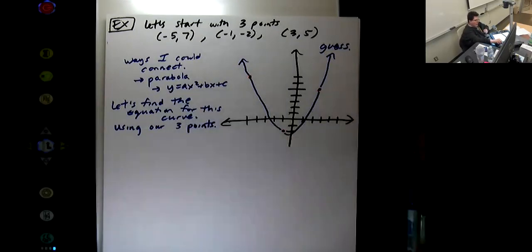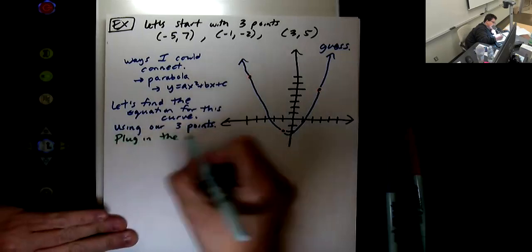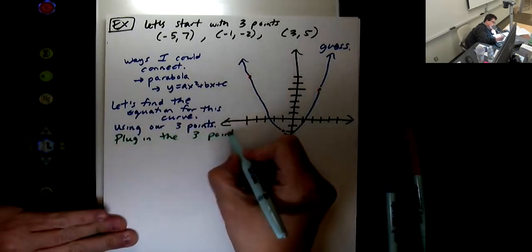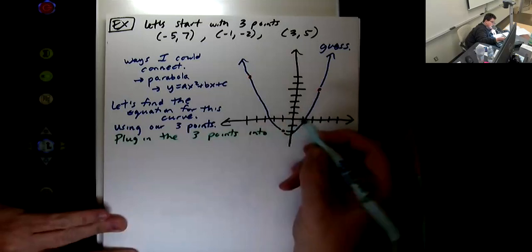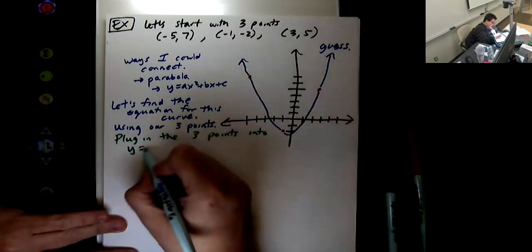I've got the equation y equals ax squared plus bx plus c. What if I plug in the 3 points?